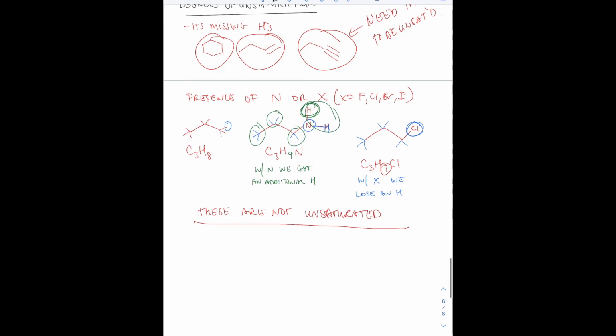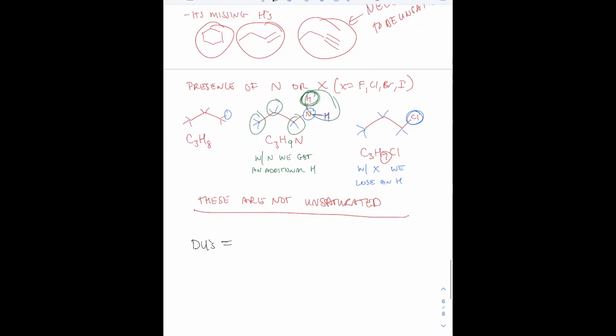this molecule should have. So DUs, degrees of unsaturation, are equal to 2C plus 2 plus N minus X minus H divided by 2.